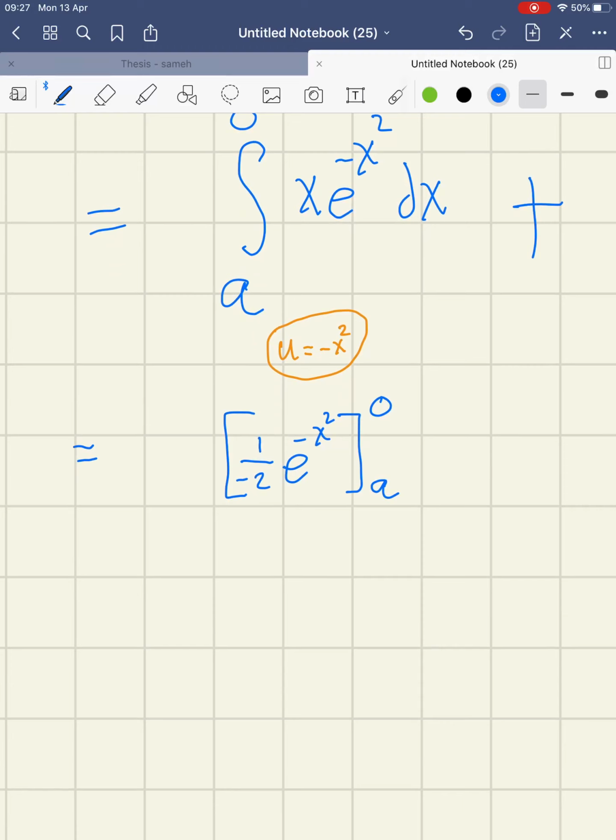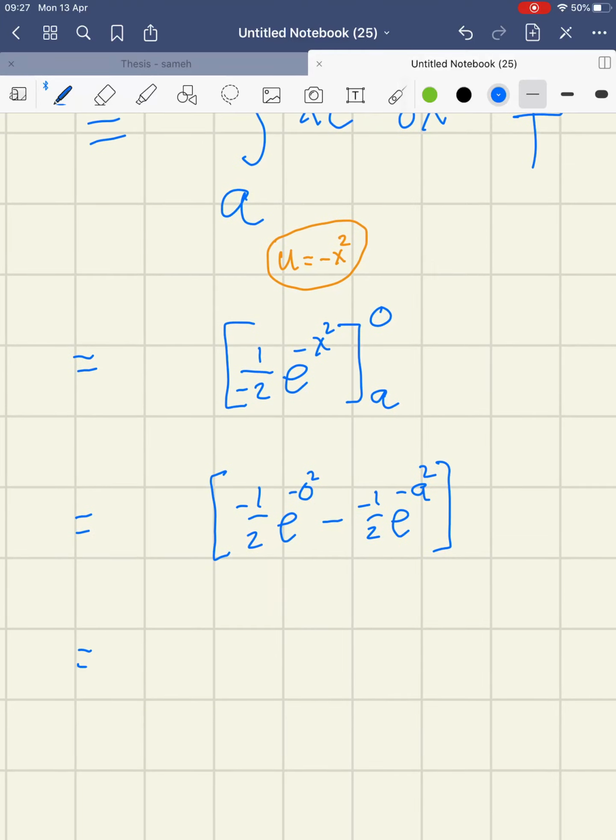The next step, we need to substitute the 0 first. So it is negative half e to the negative 0 squared minus negative half e to the negative a squared, which is negative half plus half e to the negative a squared.